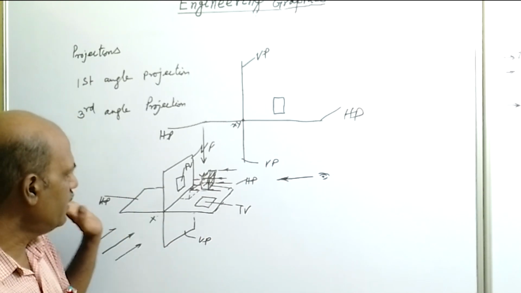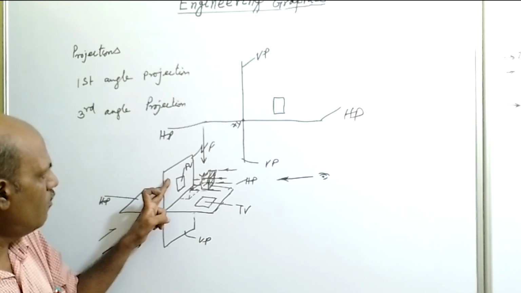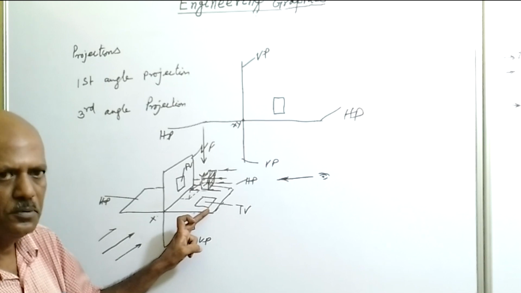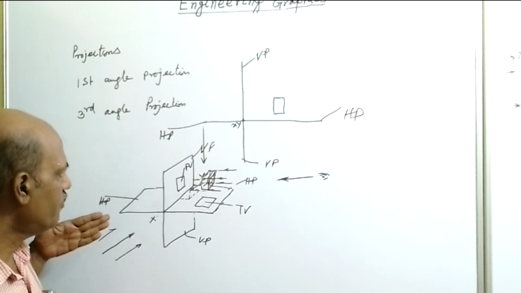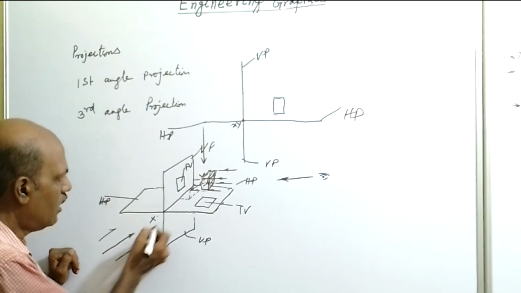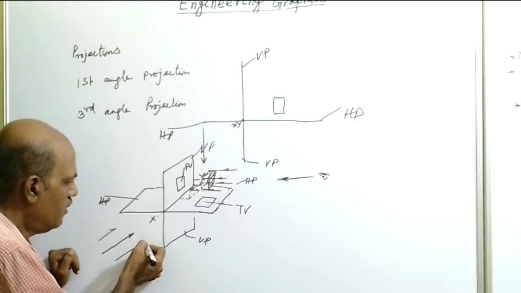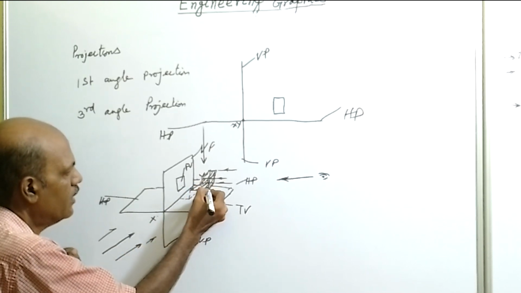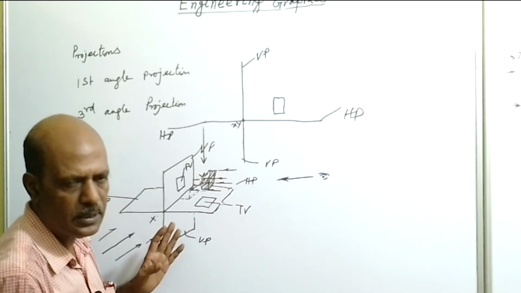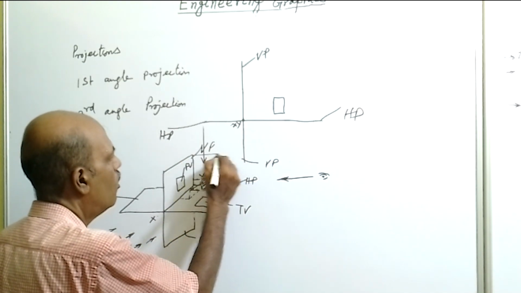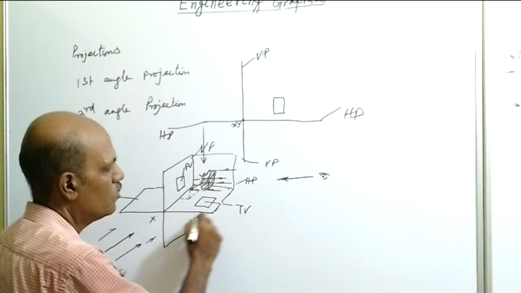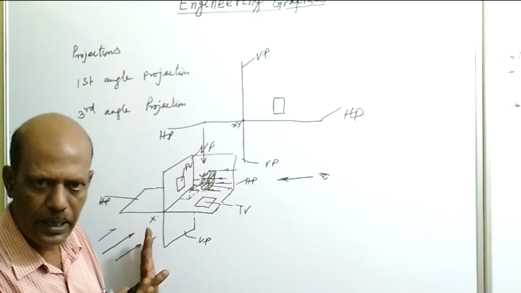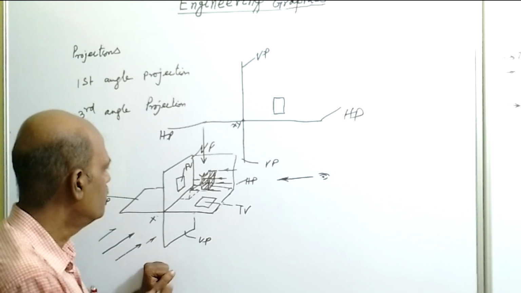Now after taking the images on the vertical plane and horizontal plane, that is front view and top view. Similarly, if the observer looks at the object from this angle, the left hand side view of the object will be projected on PP. So we are not seeing PP. Front view and top view.